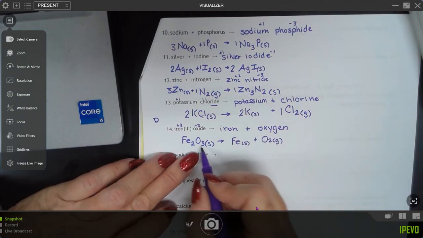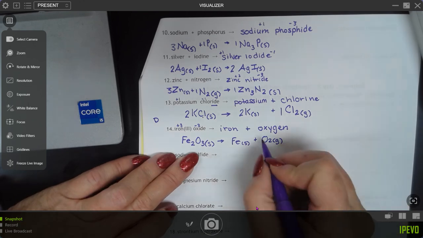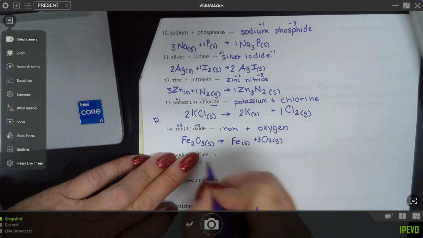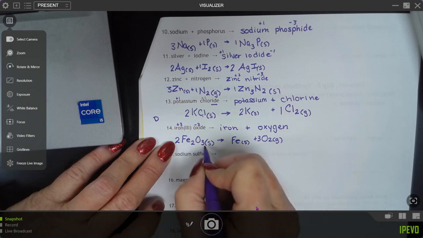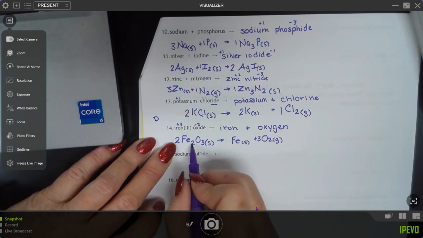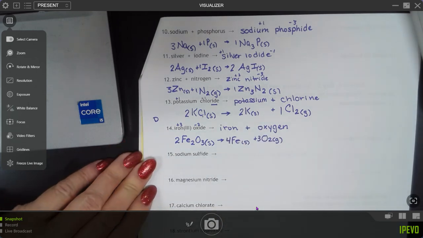So we've got 3 oxygen over here, 2 over here. We need the least common multiple of 6. So if I take this times 3, 3 times 2, I get 6 oxygen. If I take this whole thing by 2, I get 2 times 3 is 6 oxygen. And 2 times 2 is 4 iron, so I need a coefficient 4 there.